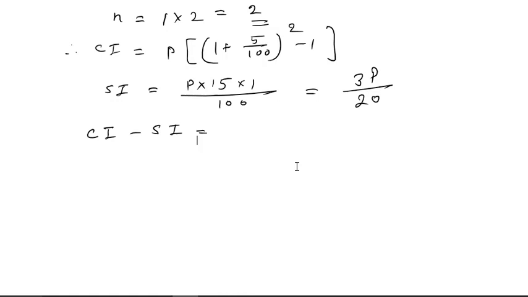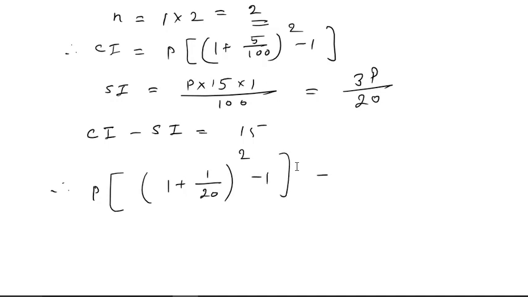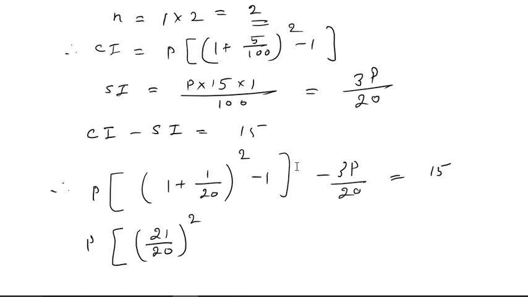Therefore we will say that P into (1 plus 5 upon 100) to the power 2 minus 1, minus 3P upon 20, will be equal to 15. So P into (21 upon 20 the whole square minus 1) minus 3P upon 20. This will give me the result as 15.